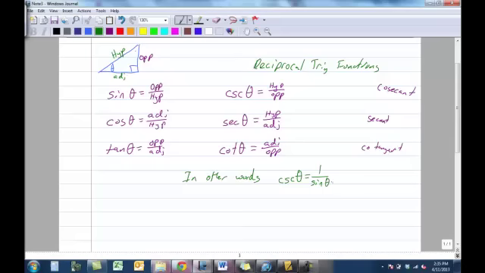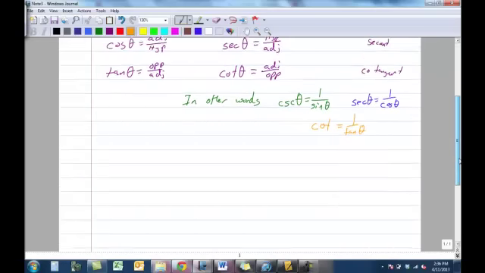And it'll come up some more later. For right now, I'm just kind of throwing this at you. Oh, and secant of theta is 1 divided by the cosine of theta. And, you may have guessed, cotangent is 1 divided by the tangent of theta.